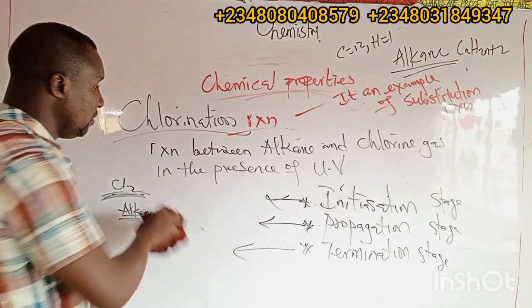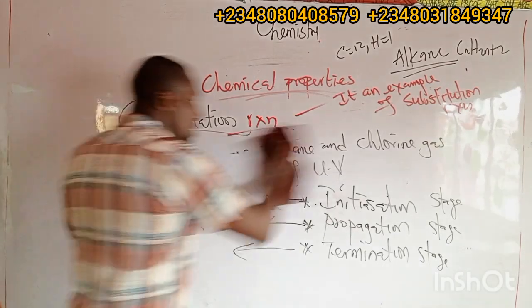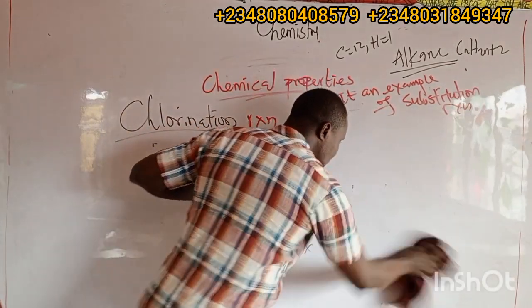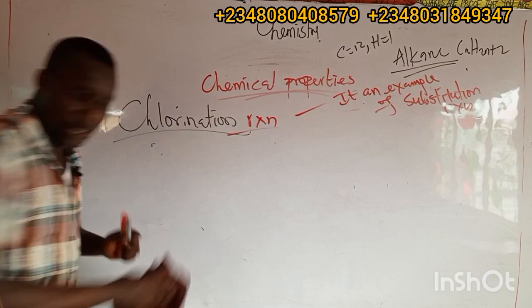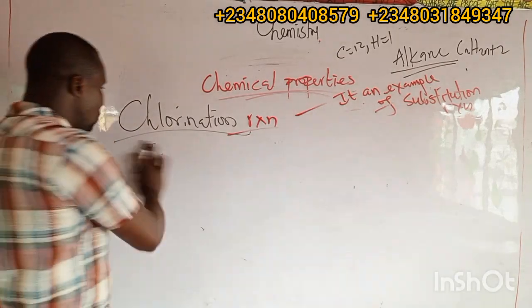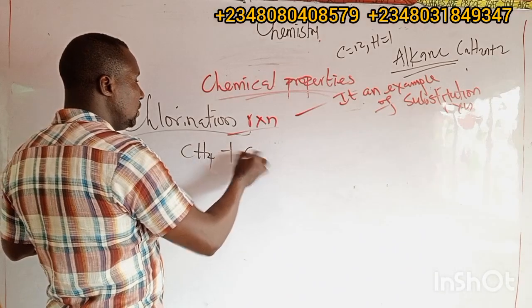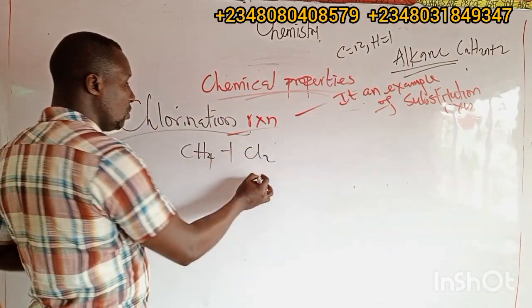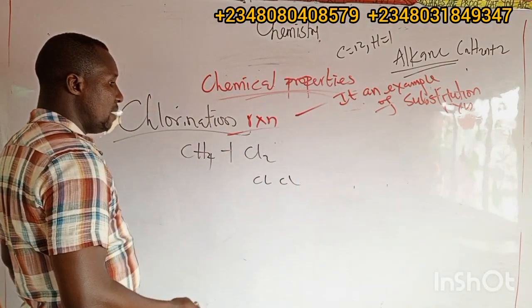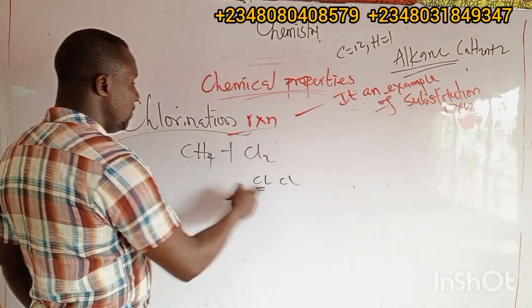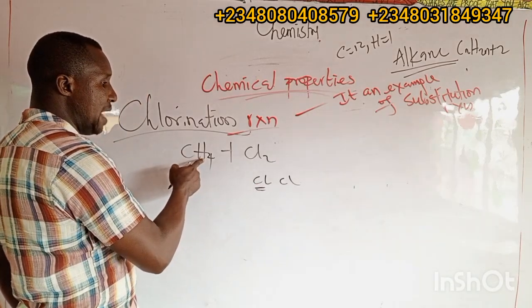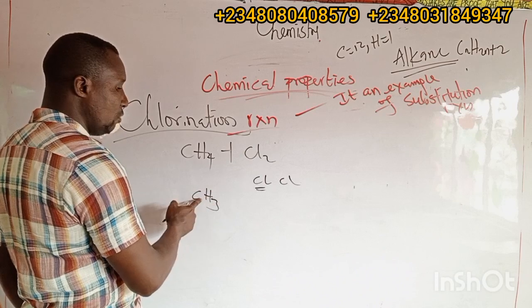But in JAMB, you don't need that. Let me quickly write the reaction required in JAMB for chlorination. When you have CH4 plus Cl2, the Cl2 splits to form radicals. The CH4 loses one atom of hydrogen, so how many atoms will be left? 3.